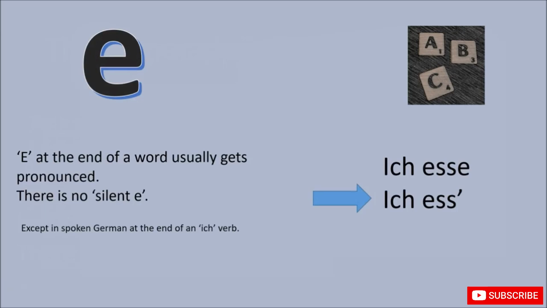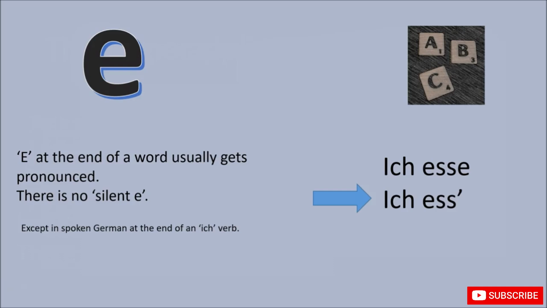Now, E at the end of a word, as I said, usually gets pronounced, and there is no silent E. There's a slight exception in spoken German when you're talking about yourself. You remember, you most likely will have learned that in verb conjugations, the ending for ich is E. So it would be ich esse, ich trinke, ich fahre, ich gehe, ich kaufe.